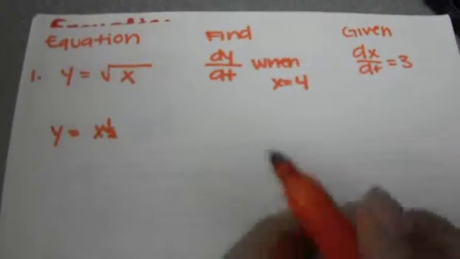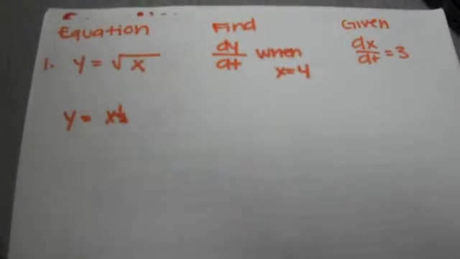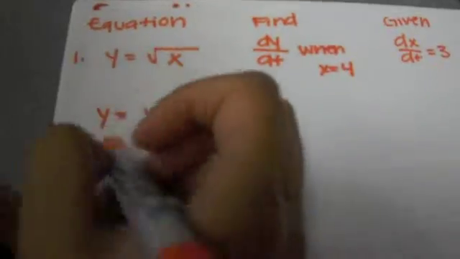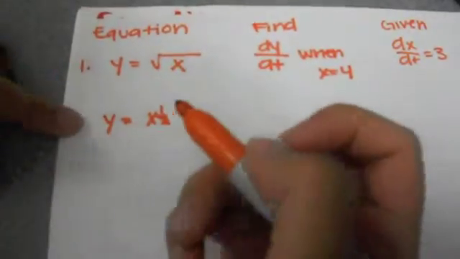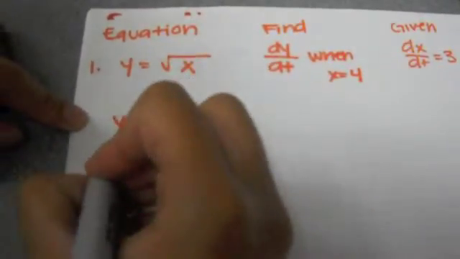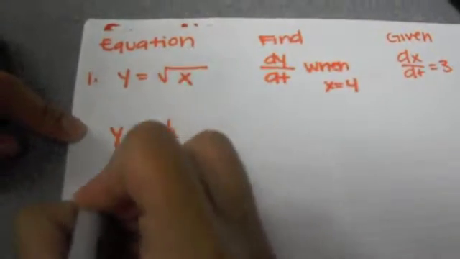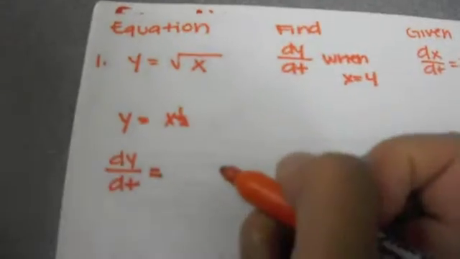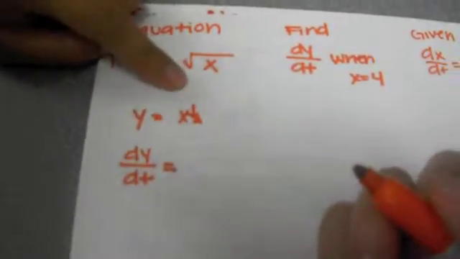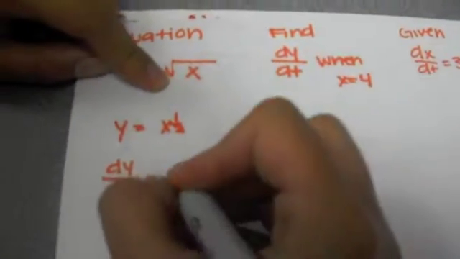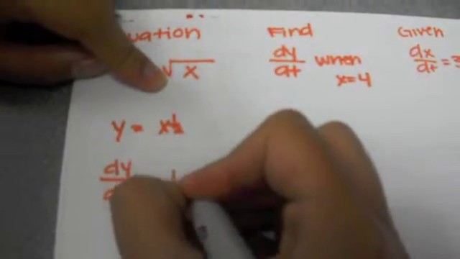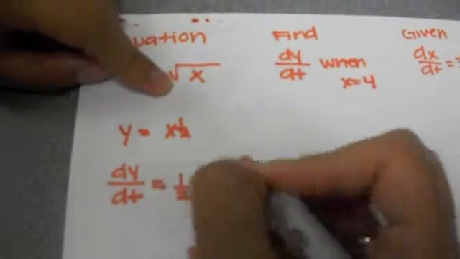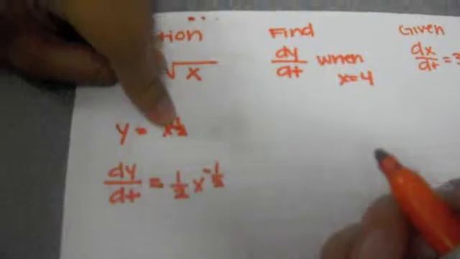Now we're going to find the derivative of x and y with respect to t. So the derivative of y is 1, and we can just write it as dy over dt. By using the power rule, we can find the derivative of x to the 1/2 power: 1/2 x to the negative 1/2 power, because we subtracted 1 from 1/2.